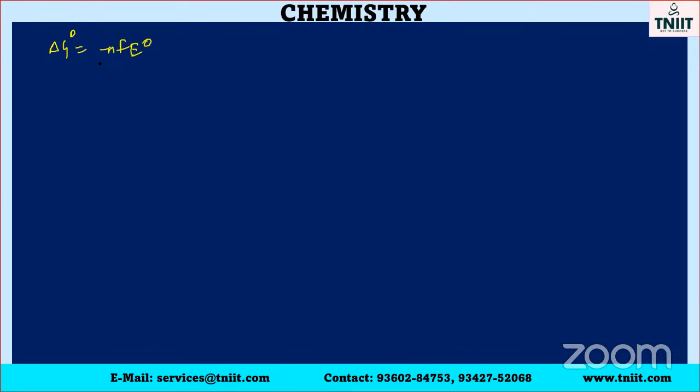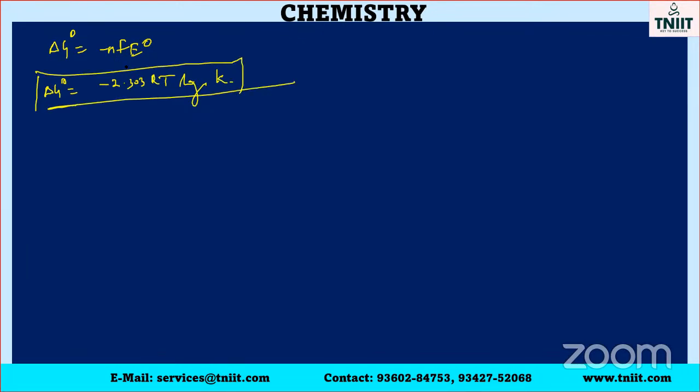And we have one more relation, that is delta G naught is equal to minus 2.303 RT log K, where K is the equilibrium constant. So if we can remember these formulas, we can work out the problems based on thermodynamics. The theoretical part of the questions you can learn. A few questions I will teach you, and I will write the questions next week.